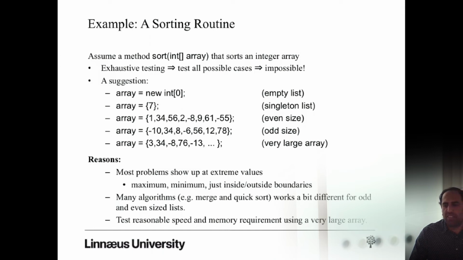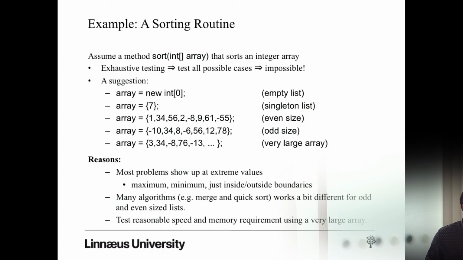For example, if you want to test this sorting method that takes an integer array, normally when we write code, we write it for obvious, more standard cases. As students we often forget the extraordinary cases. We do it for the ordinary cases, but we don't test them for abnormal things.